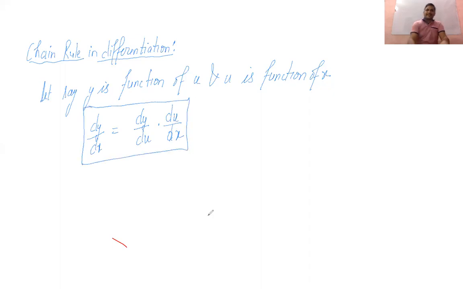Okay, this is the case, let's say. So I was taking an example. Let's say you have been given y is equal to sine of ax square plus b. So we are willing to find out dy by dx. In this case, you can see this y is a function of what? You can assume ax square plus b is u, then it will be y is equal to sine u.